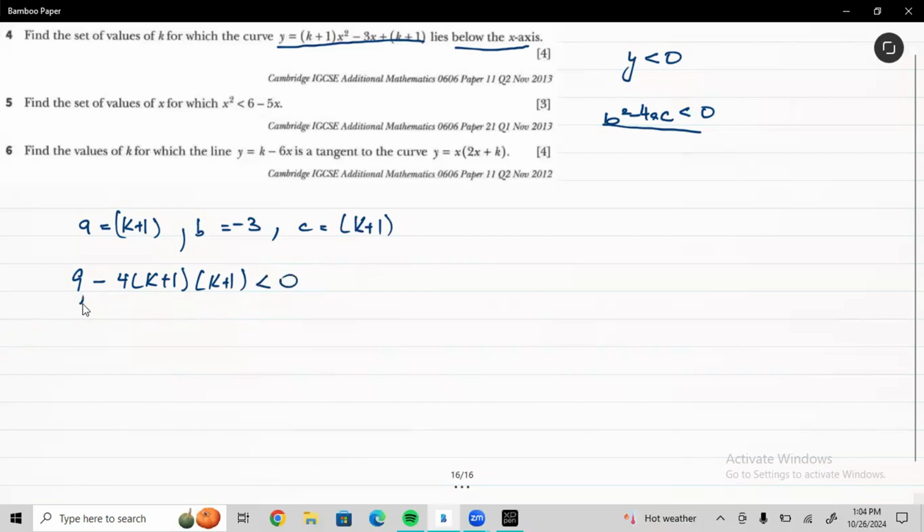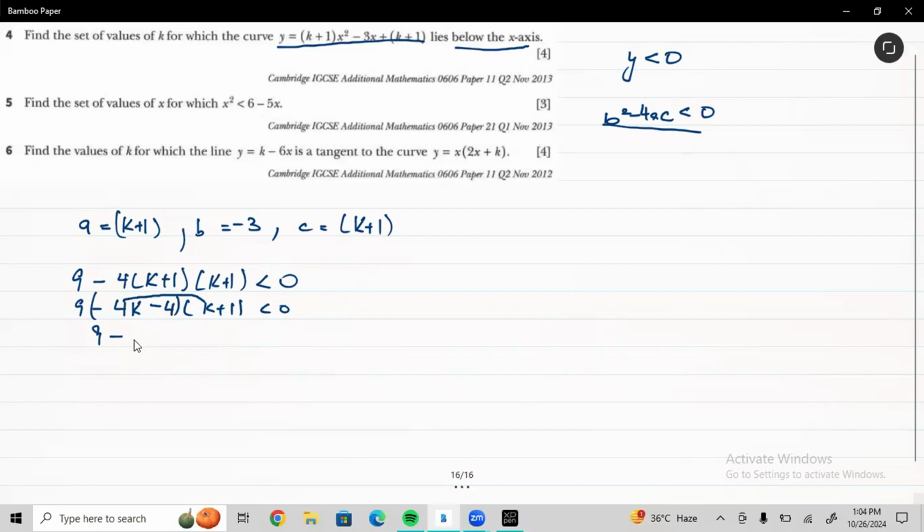So 9 minus 4 multiplied by (k plus 1) times (k plus 1) is lesser than 0. We are going to get 9 first. We are going to use the FOIL method, multiplying the first values of both brackets.